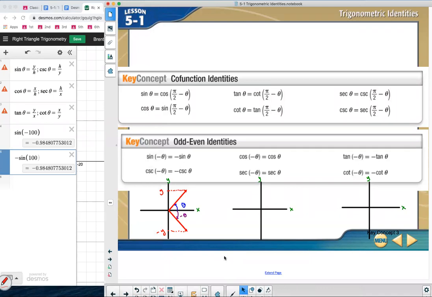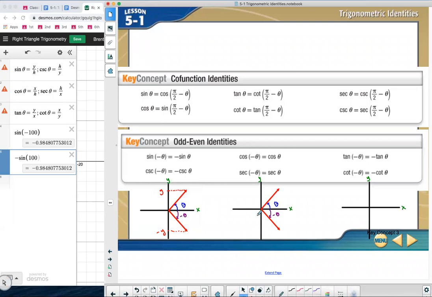Now, that works for sine. It does not work for cosine. Let me show you why. Again, I'm going to do the same little setup. But when you deal with cosine, you're now dealing with the x-axis.